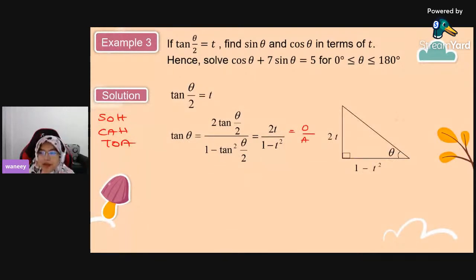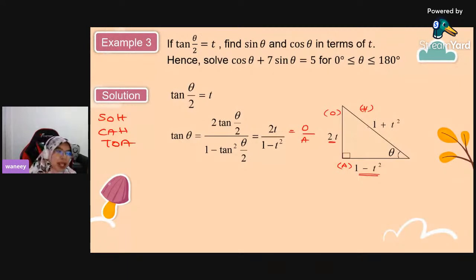The opposite is 2t, the adjacent is 1 minus t square, and this is the hypotenuse. How to get the hypotenuse? Of course, we use the Pythagoras Theorem. Take the adjacent square plus the opposite square, take the square root, and we see that the hypotenuse is 1 plus t square.